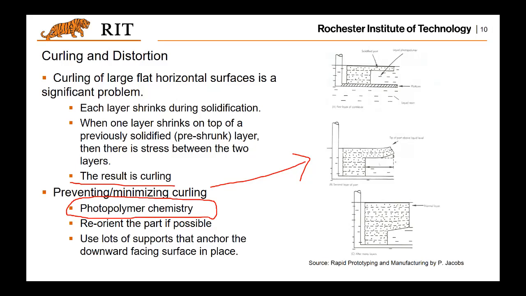That would be a good strategy in case you cannot change the material. Another thing would be the support material. Just imagine you have a support pulling this region downward, and that will prevent this curling quite significantly. That is another possible solution for this curling.